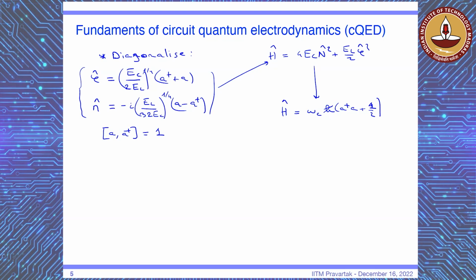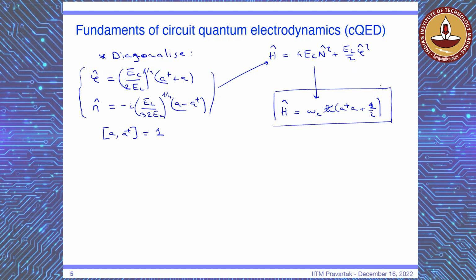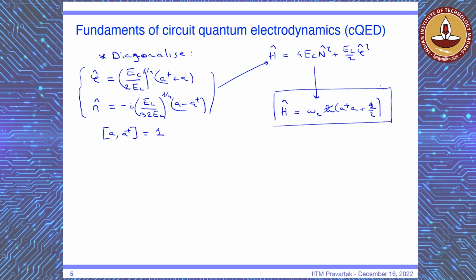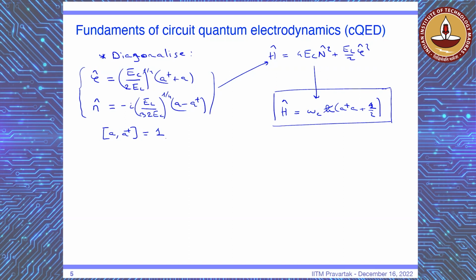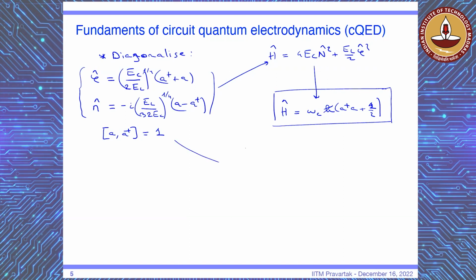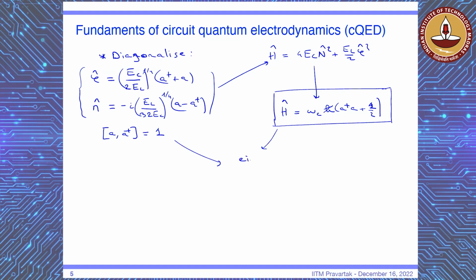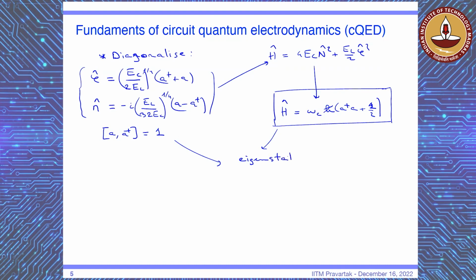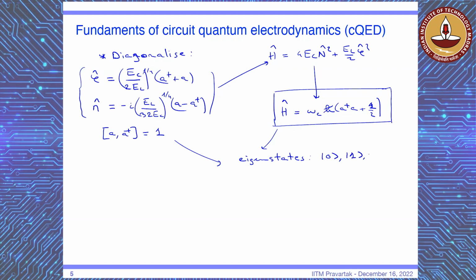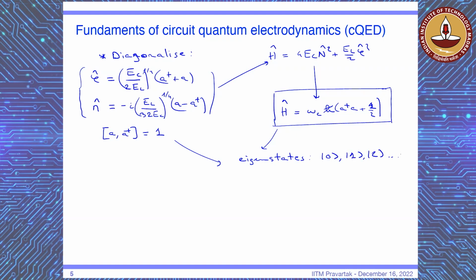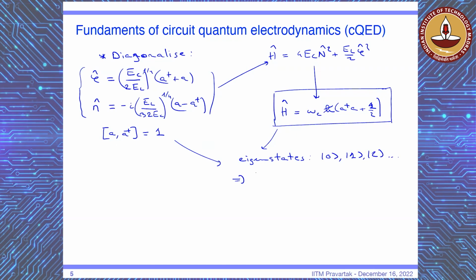So that's a very important expression. That's basically the Hamiltonian of a harmonic oscillator, the most basic object of a quantum circuit in some sense. And so from this commutation relation and this Hamiltonian, you can show that if your eigenstates are labeled by integers 0, 1, 2, etc., then these ladder operators A and A dagger are going to allow you to go from one to the other.